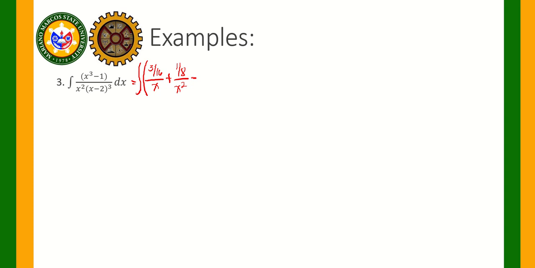So this will be minus 3 over 16 all over x minus 2. And our d is 5 over 4 positive. So plus 5 over 4 times x minus 2 quantity squared. And then for our e, that is still positive. So 7 over 4 times x minus 2 cubed, and then dx.